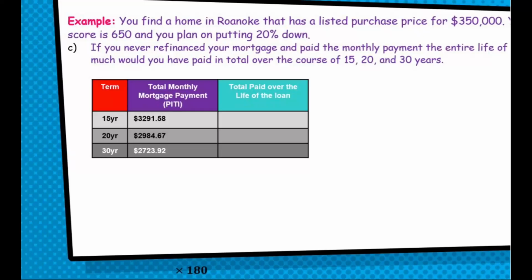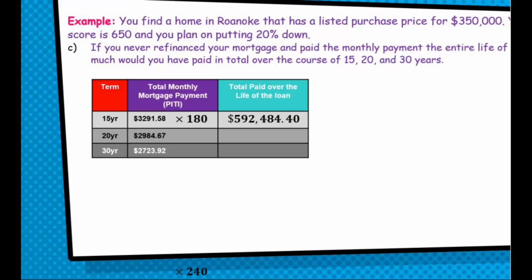So, for instance, if I'm paying $3,291.58 every month for 15 years, I'm doing that 180 times because there's 180 months in 15 years. If I do that, this is the amount I'm paying for that $350,000 mortgage.